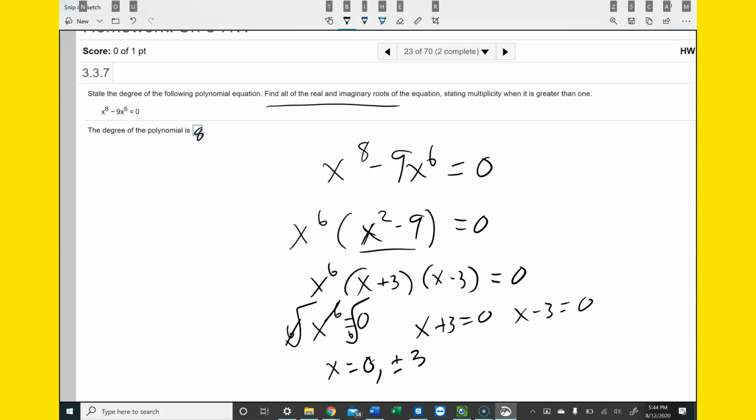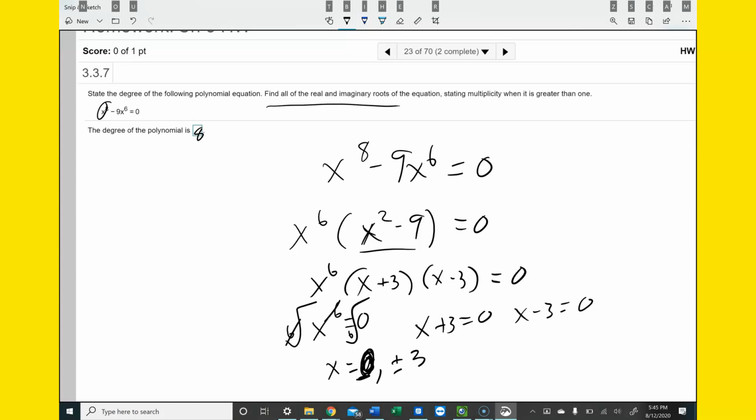But now I'm supposed to have 8 total roots. Well, the 0 itself occurs 6 times. So this one doesn't count for just 1, it counts for 6. And then I have another one that's a 3 and another one's a -3, that means I have 8 total zeros that way.